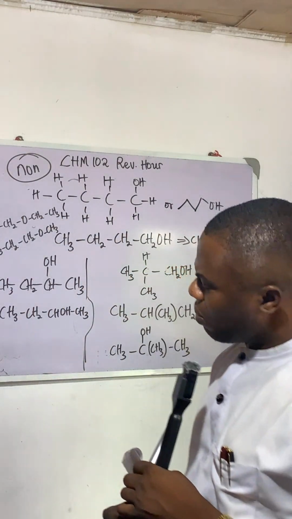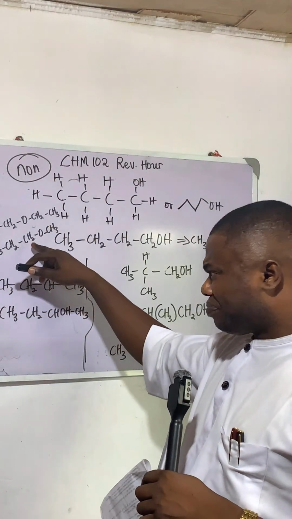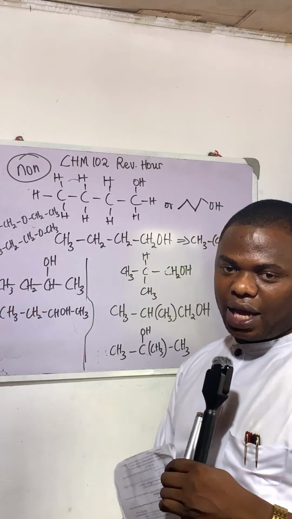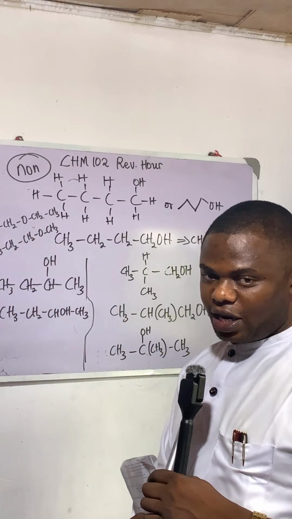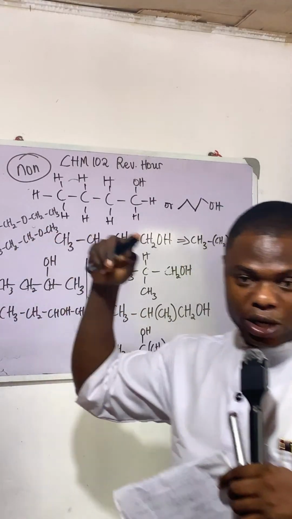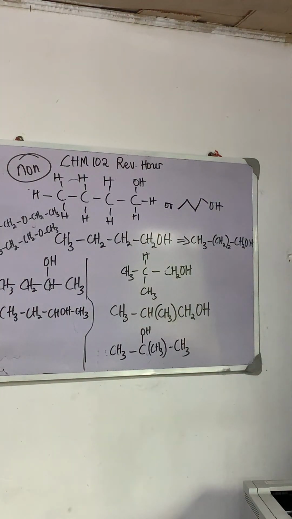These are the 2 ether isomers. But can I craft out another one? No, it's okay, that is the 2. This one is what? Methoxypropane, an ether isomer. So this and alcohol is said to be functional group isomerism. Please take note of that.